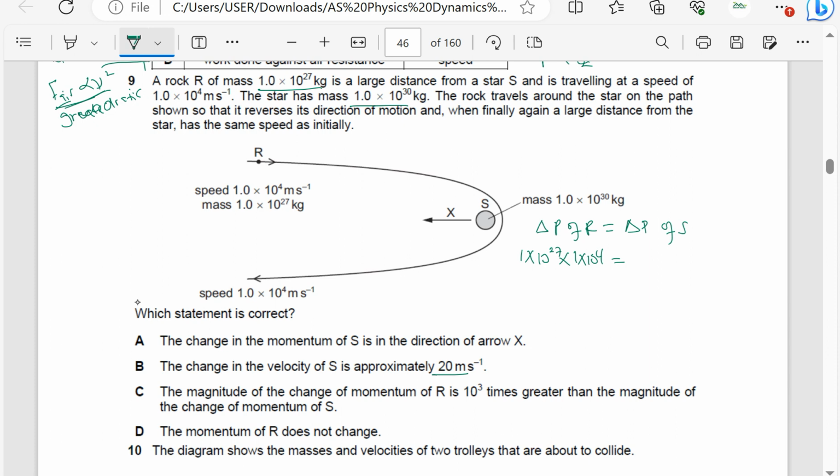Total change in momentum: the change in momentum of R should be equal to the change in momentum of S. This is the initial momentum.